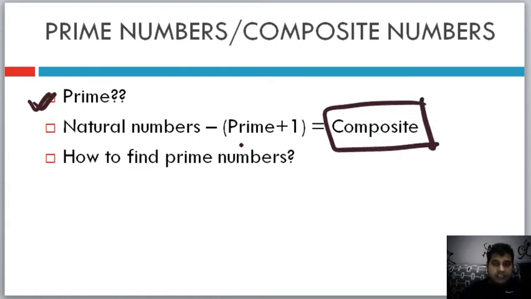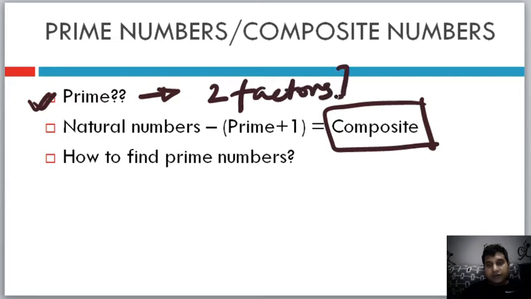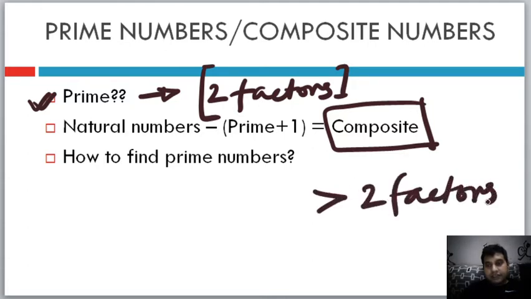Now let me attach numbers to fewer and more. Basically, prime numbers are those numbers which only have two factors. That's it. And any number which has more than two factors is a composite number.